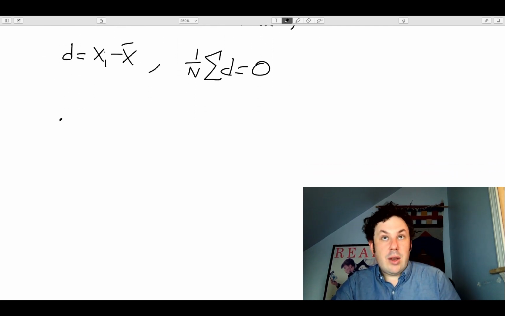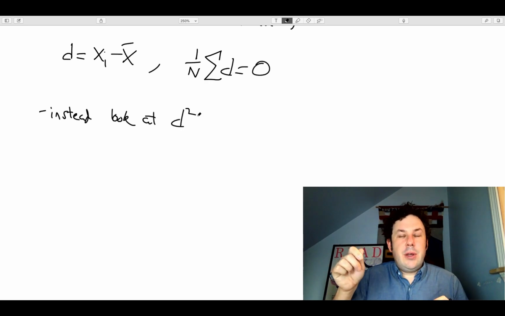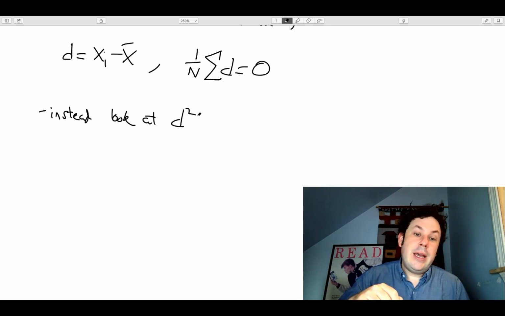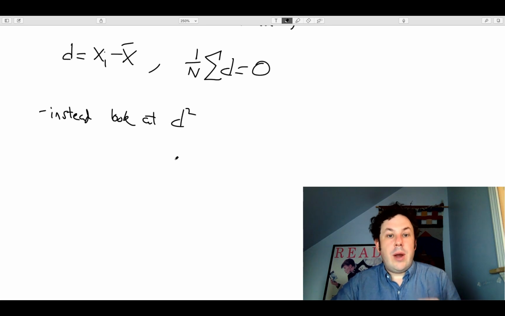But instead we're going to look at the d squared. So if you think about that, on average, if you give just as many above and below, 1.1 and 0.9 will basically be the same deviation from 1 if you do the square, or the square of their deviation will be the same.